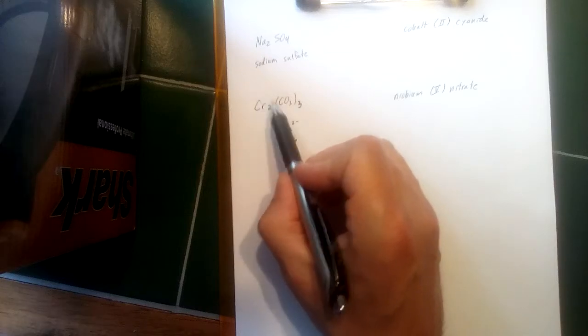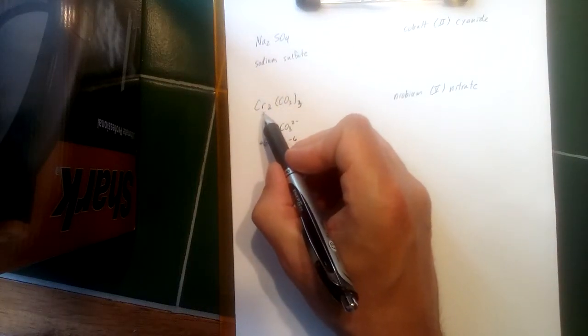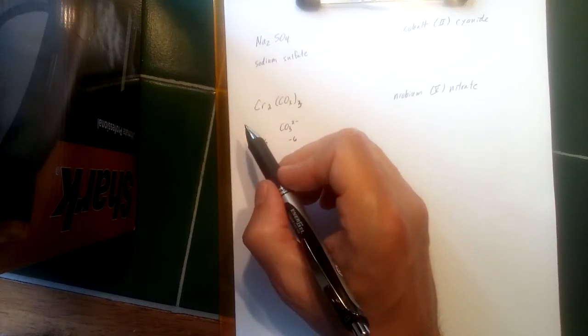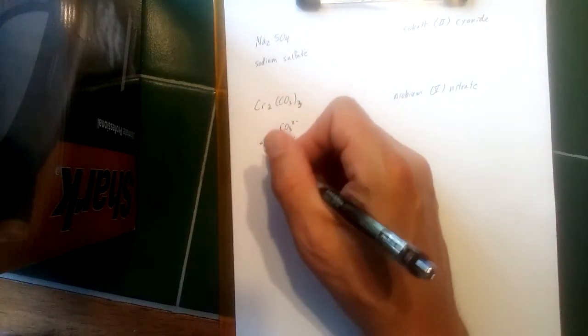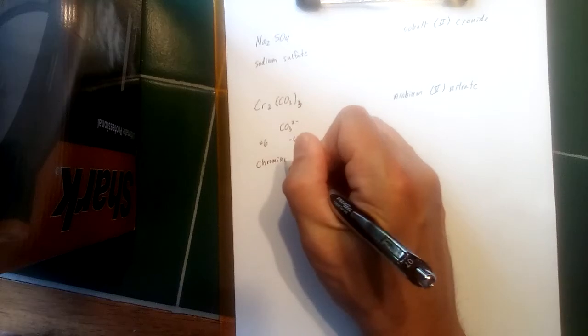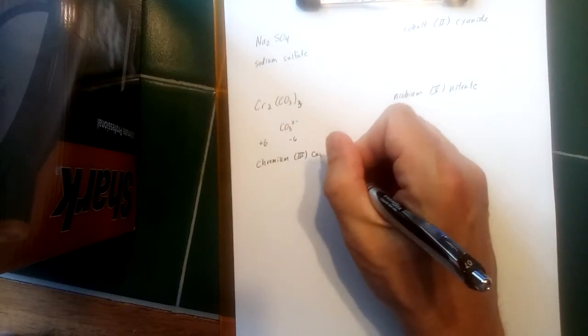And that means there's a total of +6 spread over the 2 chromium atoms that are in this formula, right? +6 spread over 2 atoms means each one would be +3. So the chromium here would have a +3 charge. That makes this chromium 3 carbonate.